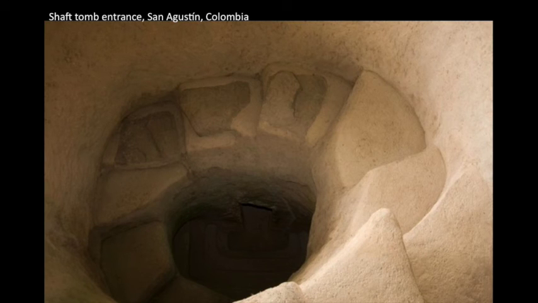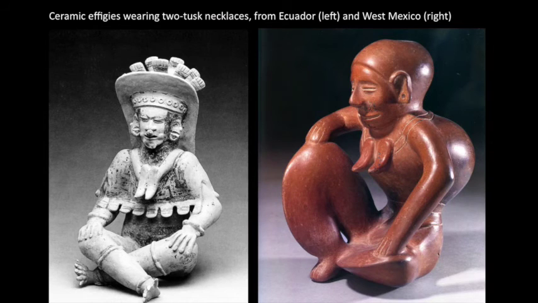The shaft tomb is an architectural form unique in Mesoamerica, but it can also be found in Ecuador and Colombia, as you see here. This may be another piece of evidence for connections, this architectural form. Some costume elements seem to be shared between Ecuador and West Mexico, such as the wearing of tusk necklaces by leaders.